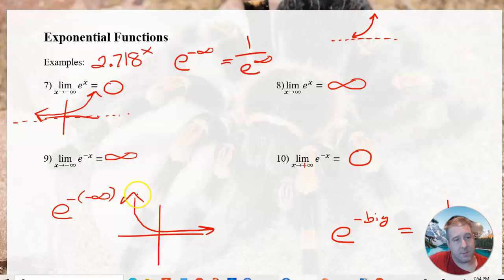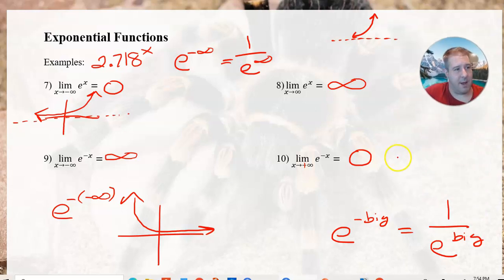Before I go further, I want to explain how this is used for other functions. Sometimes you're going to see functions that are a lot more complex than this. If I make x a really, really big number, think of e to the negative x as really 1 over e to the x, because if you have a negative exponent, you can just flip it.